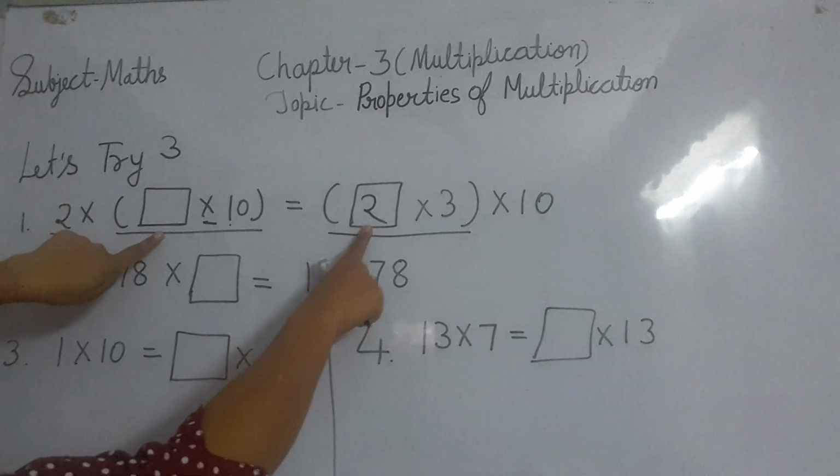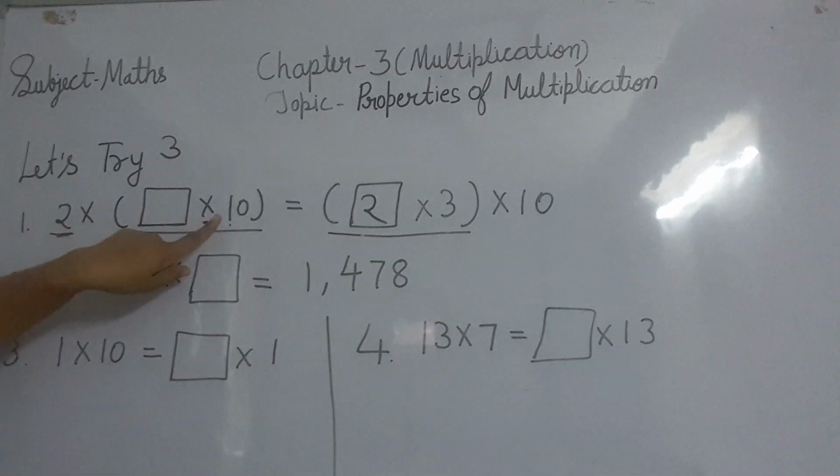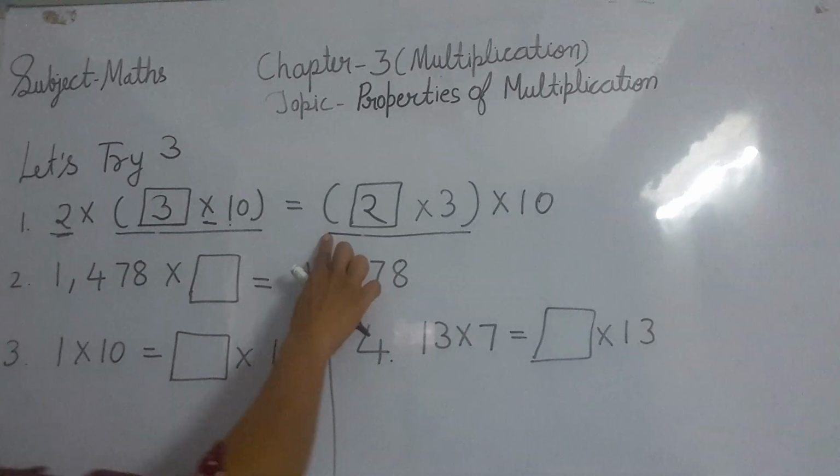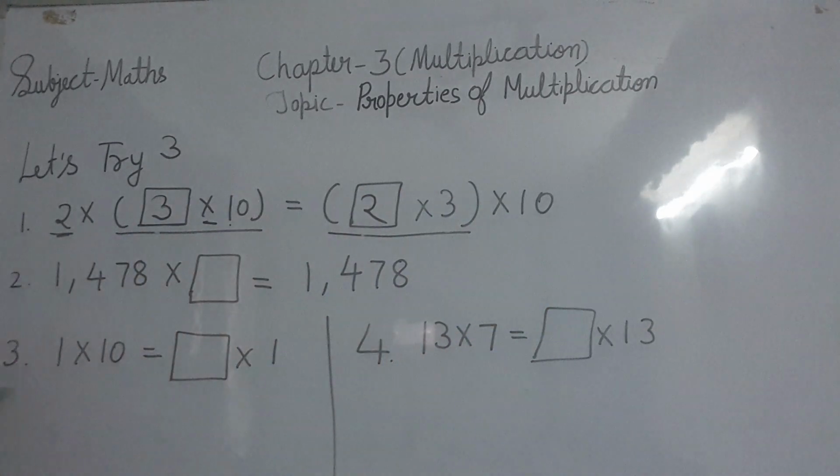Now see the next number. 3 is here but the 3 is missing here. So what will come here? 3. And 10 is here. So this is the grouping property. First we multiply 10 by 3, and if you multiply this product with 2, and if you solve this one, the answer will be the same. So this is your grouping property.